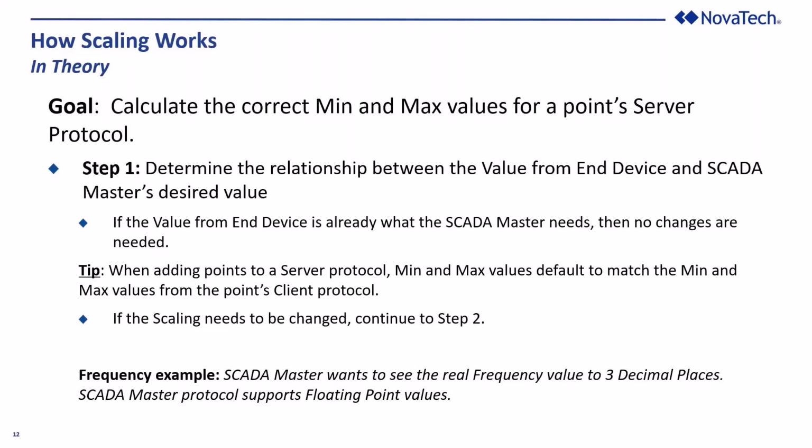If the value from the end device is already what the SCADA master is looking for, including units such as voltage, kilovolts, then you don't have to change anything. NCD is built such that the minimum and maximum scaling on the client port and the server port will match. So if the measured value is what SCADA is looking for, no need to change anything. That's the first item you need to determine. If you do need to adjust the scaling, then continue on to step 2.